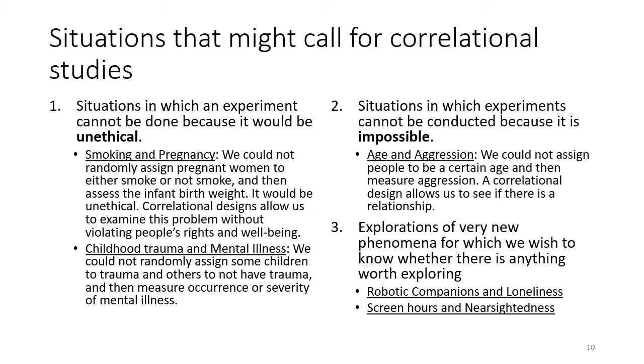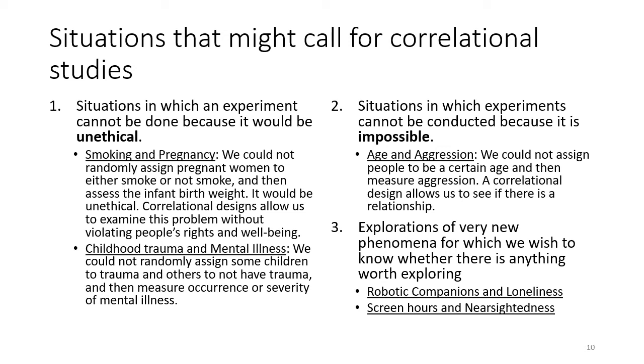That would be just terrible. Could you imagine being in that study, and you're asked, now you start smoking a pack a day, and the next person, you don't smoke any, and the next person, you smoke a pack a day? Of course we can't do that. Very unethical, and people wouldn't agree to participate. But correlational designs allow us to examine this problem without violating people's rights and well-being.